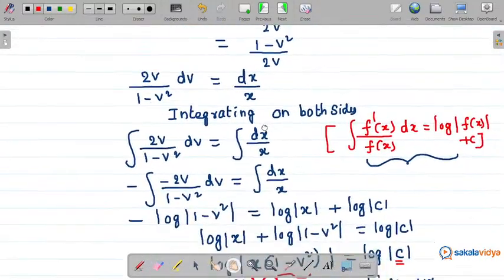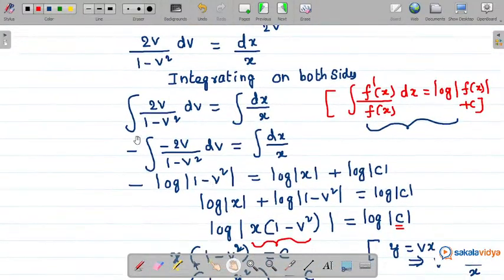So integrating on both sides. Integral of 2v by 1 minus v square dv, integral of dx by x. 2v is part of the derivative of 1 minus v square, but really the derivative of 1 minus v square is minus 2v. So we need to make it minus 2v. So minus of integral minus 2v by 1 minus v square dv, integral of dx by x.